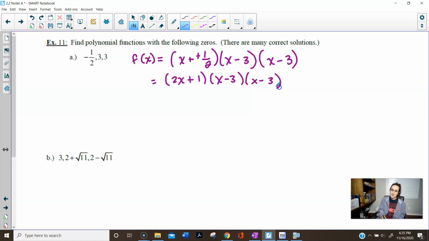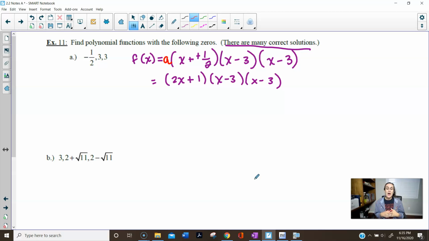Now, something to note, the reason why there are many correct solutions is I could put any number here in the front for A. And if I change the vertical stretch or the vertical shrink of the graph, the zeros are still going to be the same. I'll still have zeros of negative a half, 3, and 3.